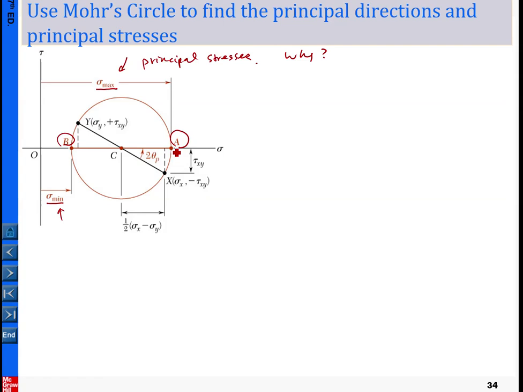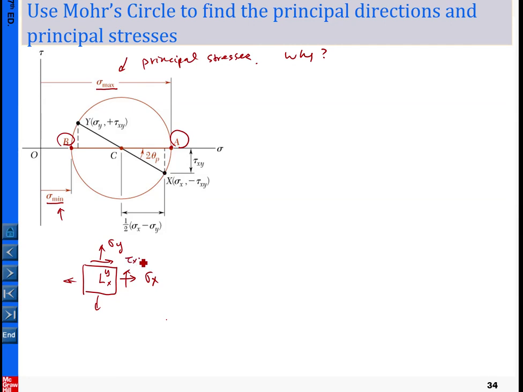So the only two points in the Mohr circle with zero shear stress component are here, A and B. That means A and B, the two points, represent the magnitudes of the principal stresses. And then the orientation is such that the given xy represents our given state of stress.